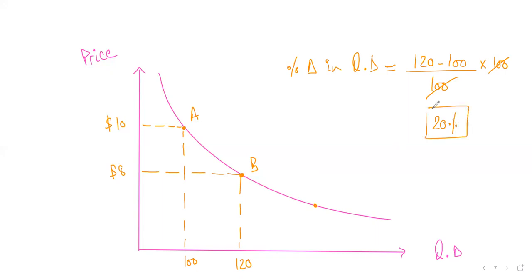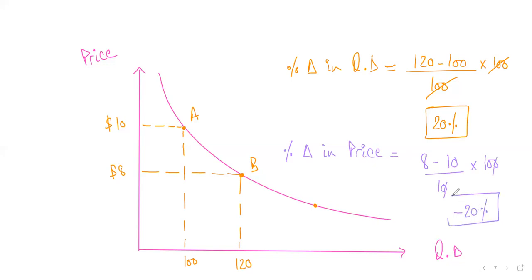Is this simple? Now let's calculate the percentage change in price. You calculate the new price, which is 8. New minus old, because you're moving from A to B, 10, divided by 10 into 100. That gives you negative 2 over 10, and overall, when you do the calculation, negative 20.